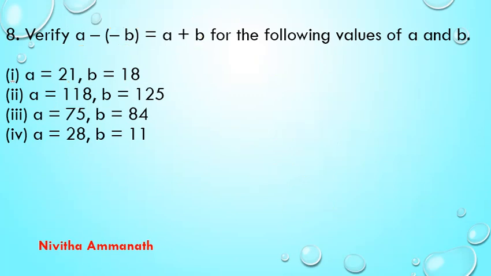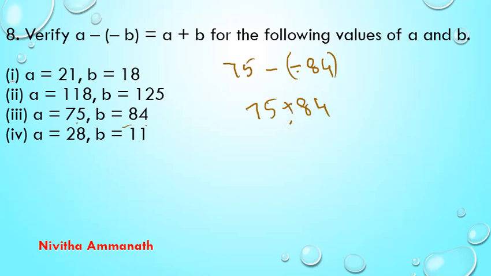Next question. a equal to 75 and b equal to 84. So you have to write 75 minus of minus 84. So in this, 75 plus 84, right? 75 minus of minus means it is plus.